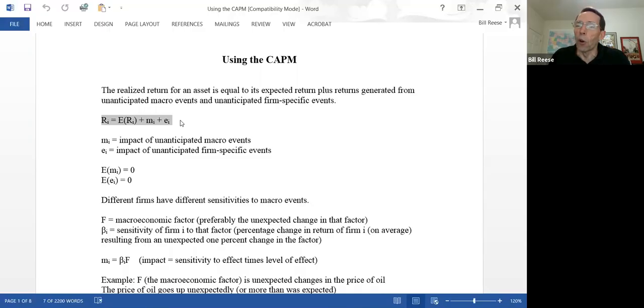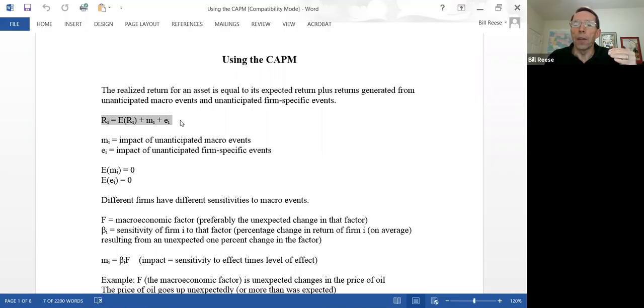Now, different firms are going to have different sensitivities to macroeconomic events. We're going to go through an example in a little bit. So F is going to be the macroeconomic factor. It's going to be the unexpected change, the fact that something happens in the economy. That's going to be captured by F. Each stock has a different sensitivity to that.